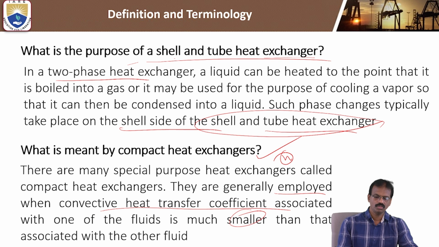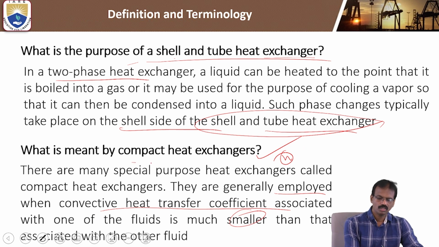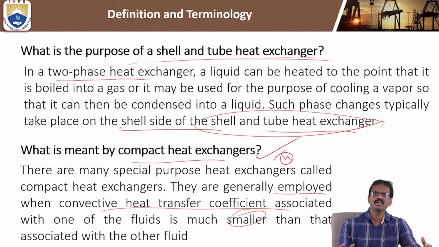So in that case, we'll use this type of heat exchanger. Here in this compact type heat exchanger, the area of heat exchange will be increased more rapidly, and through that, the heat transfer rate will be increased rapidly. So these are the different types of heat exchangers, their definitions and terminologies.